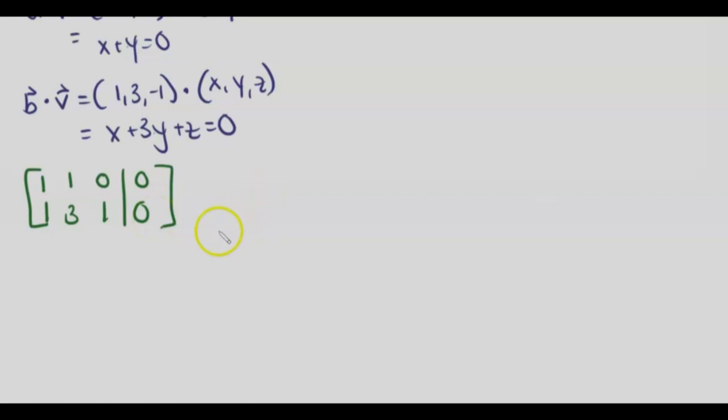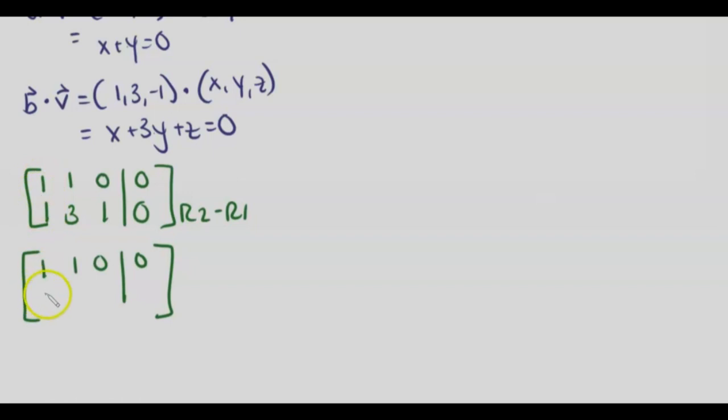And then we want to apply operations to simplify. So for row 2, we're going to subtract row 1. We're not doing any operations to row 1, so we're just going to rewrite it.